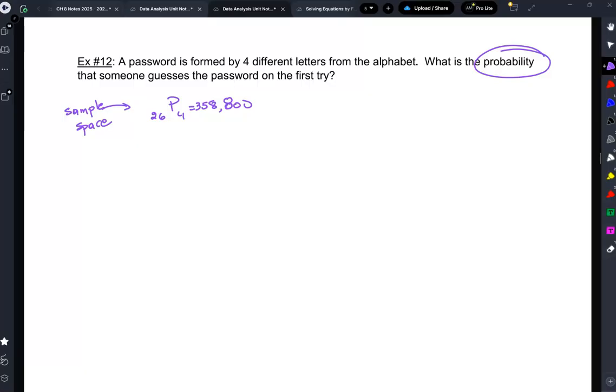Now, how many favorable outcomes are there? One. There's one password. So the probability is 1 out of all this, to get it on the first try. Correct. Okay? All right. So that's it. And then the homework for this is a worksheet.